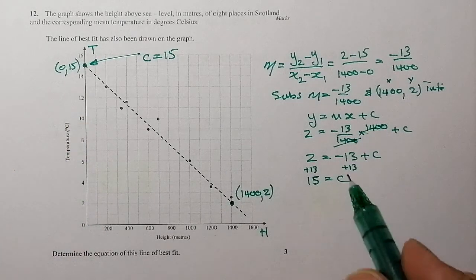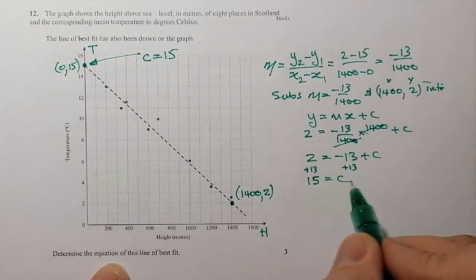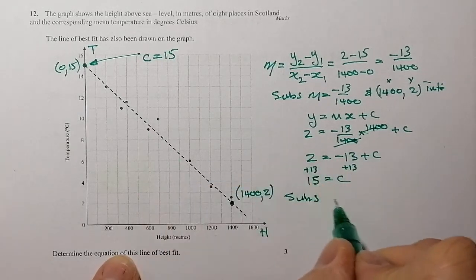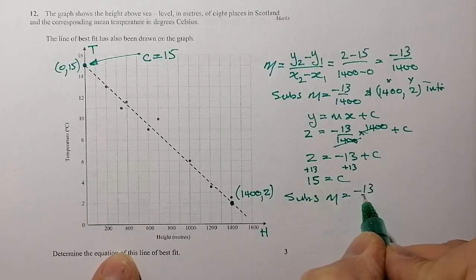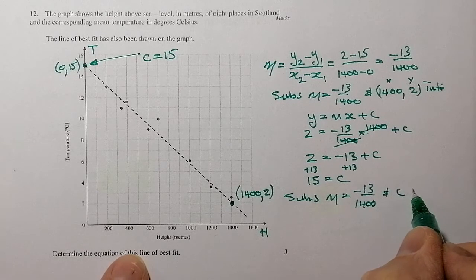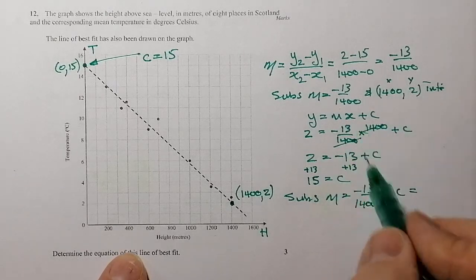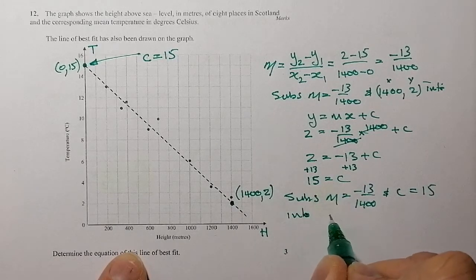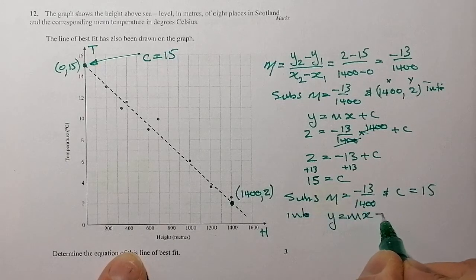Right, so here I go for my equation. I'm going to substitute the gradient, negative 13 over 1400, and the c value, which equals 15, into y equals mx plus c.